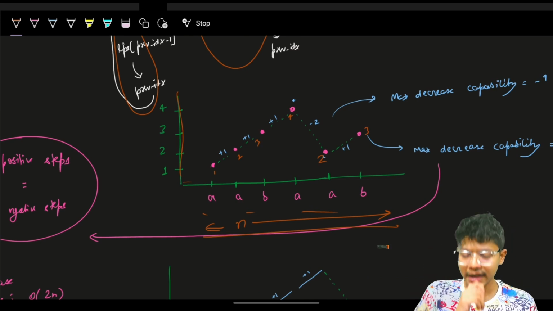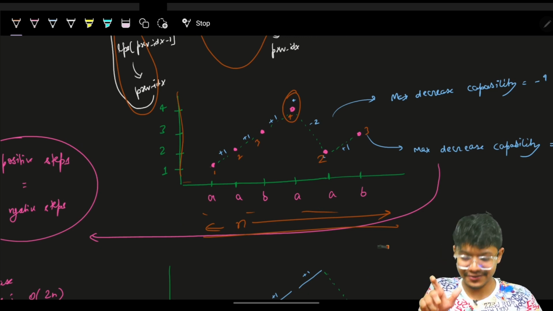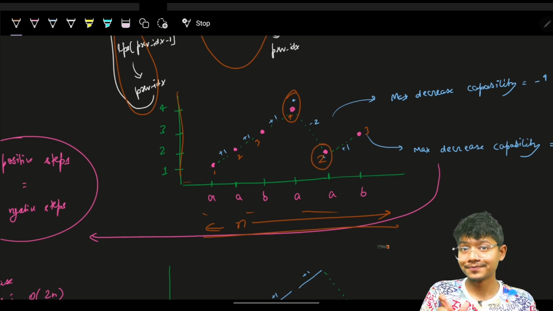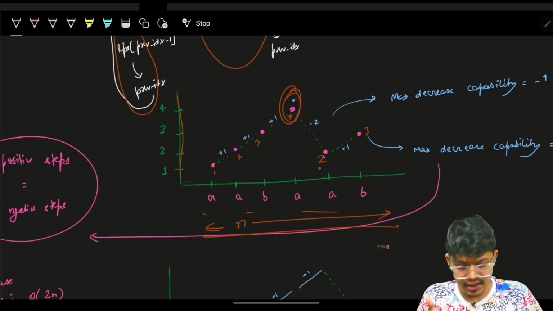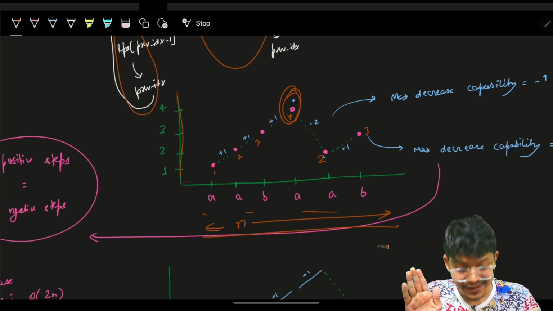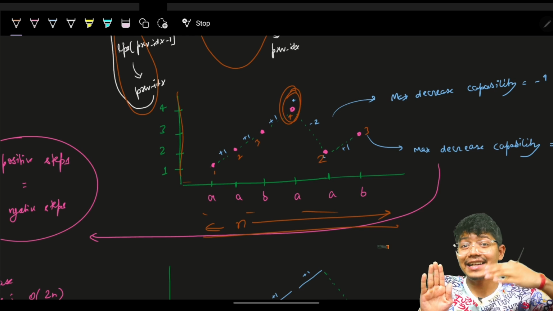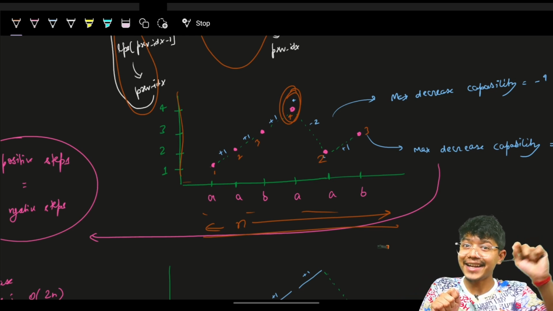I'll say no. Why? Because if you are at a 4, the maximum decrease you can have is up till a point of 0. But if you have to again start decreasing, you will have to first increase, and increasing will come gradually.